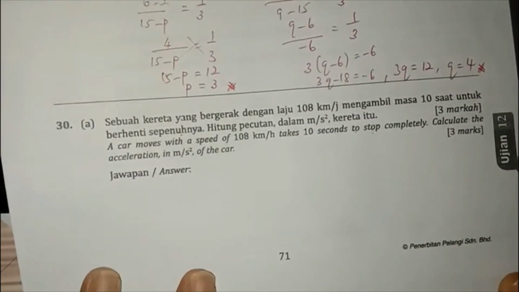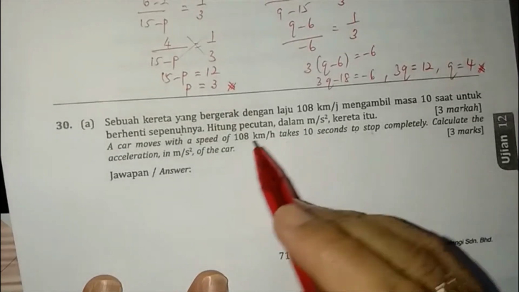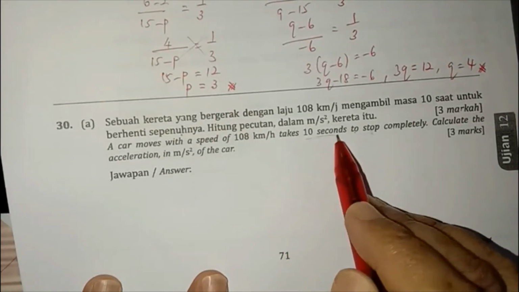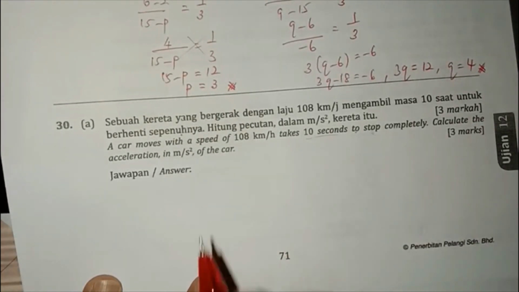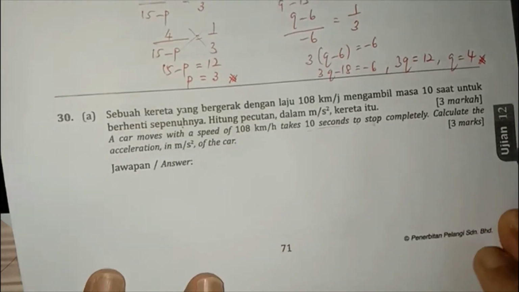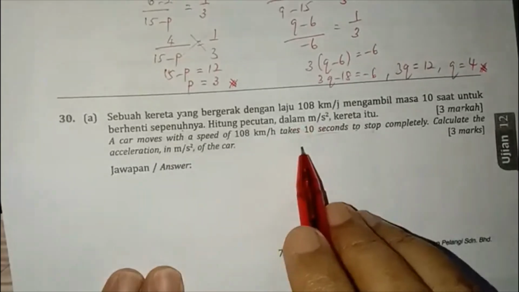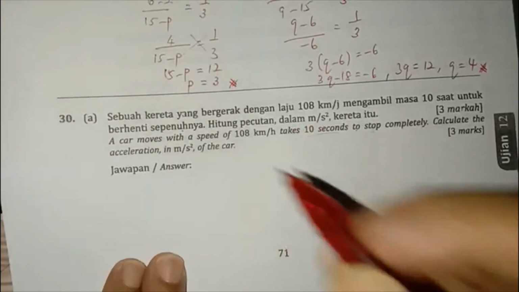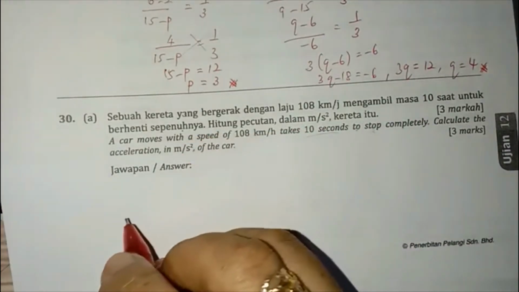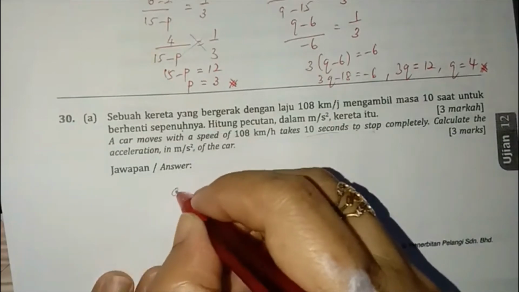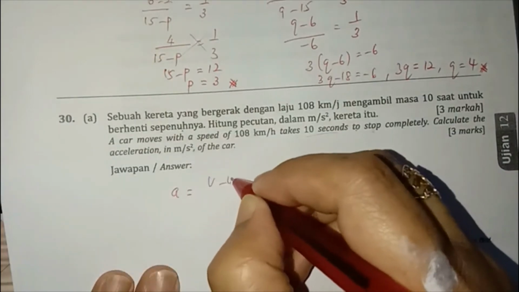Number 30. A car moves with speed of 108 km per hour, 10 seconds to stop completely. Calculate acceleration of the car. So initial velocity is 108, final velocity is 0. So acceleration equals to v minus u divided by t.